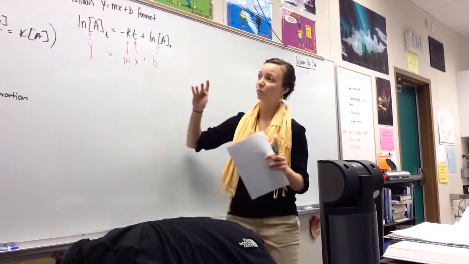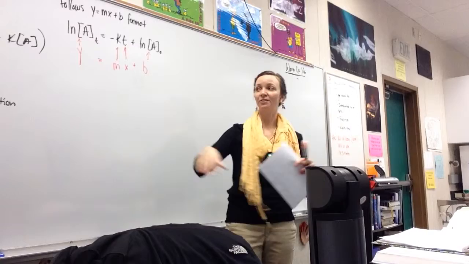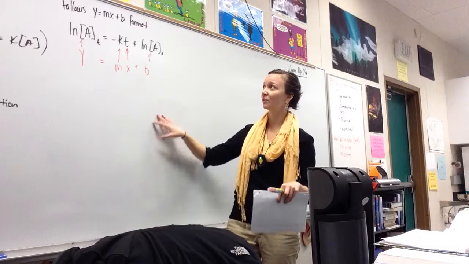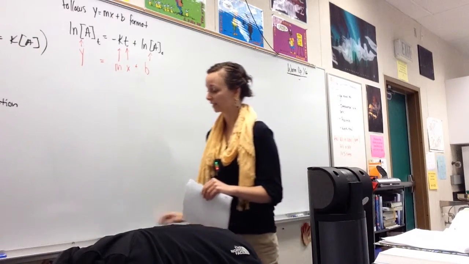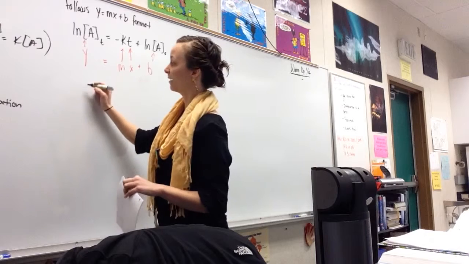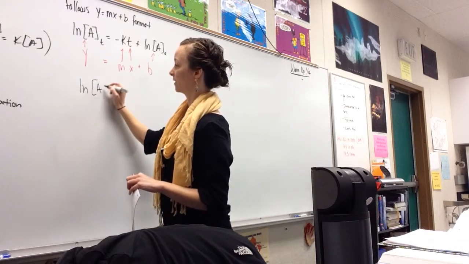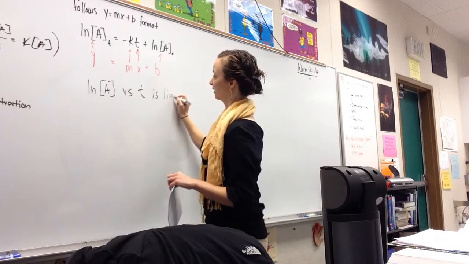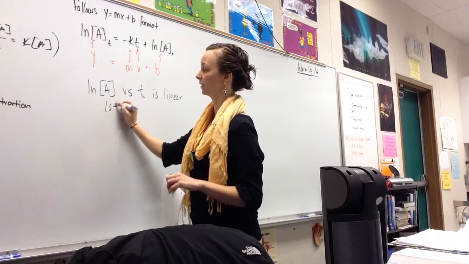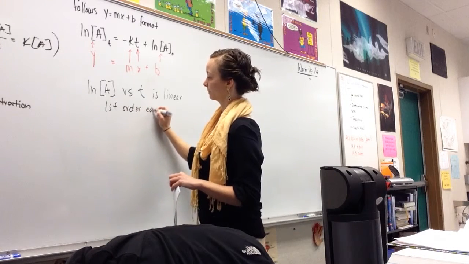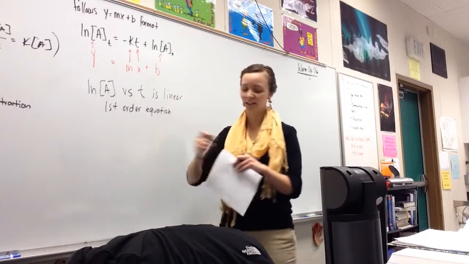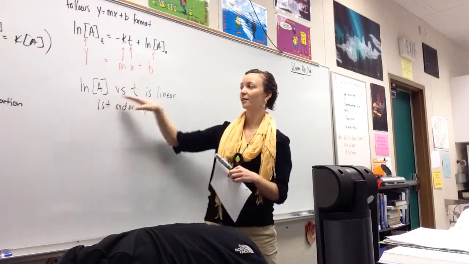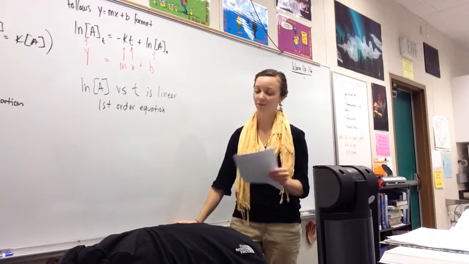If you want to figure out what type of reaction it is, so if you have data and you don't know if it's first or second or zero order, what you can do is graph it in a number of different ways. And if the graph of ln of your concentration versus time is linear, then you know that it's a first order equation. If it's not linear, if it ends up being a curve, it's not first order. Okay, so if you have this versus time, it's going to be linear, and that's your first order equation.